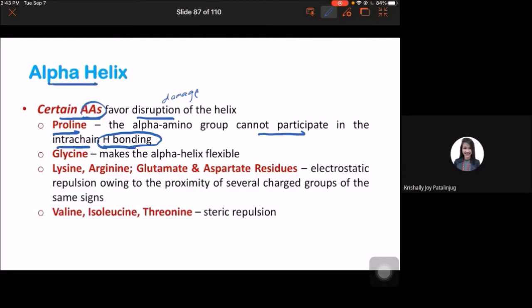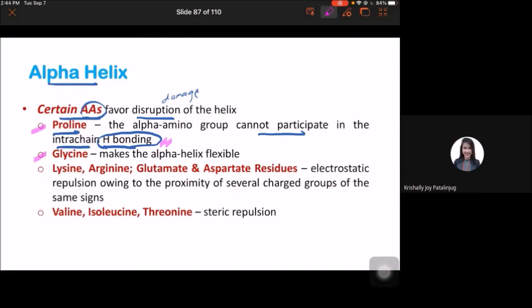Kasi 'di ba, ang alpha helix isa siyang halimbawa ng secondary structure. Ano yung key point natin kapag secondary structure? Dapat present yung H bonding. Diba? So if absent yung H bonding, hindi niya kaya mag-participate in H bonding, then madedefeat kumbaga yung definition ng alpha helix.